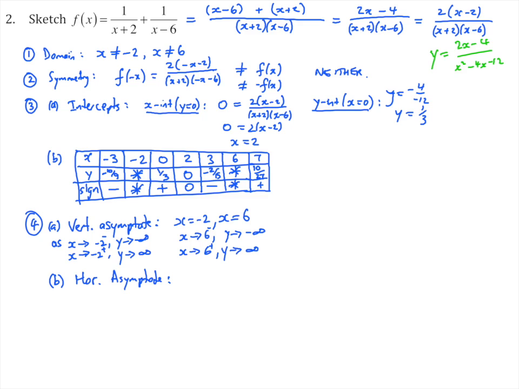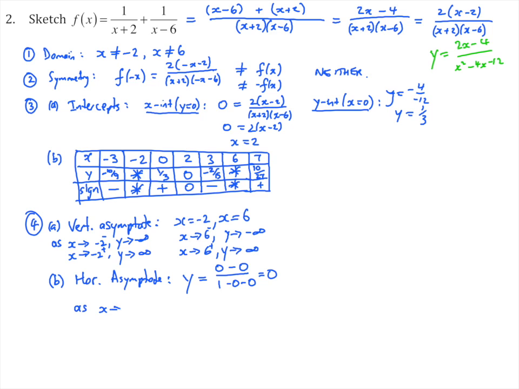And that will leave me with y equals 2x over x squared. X on the bottom is bigger, so that's going to approach 0. 4 over x squared, that's going to approach 0. X squared over x squared will be 1 minus 4x over x squared minus 12 over x squared, which approaches 0. So my horizontal asymptote is going to be 0.